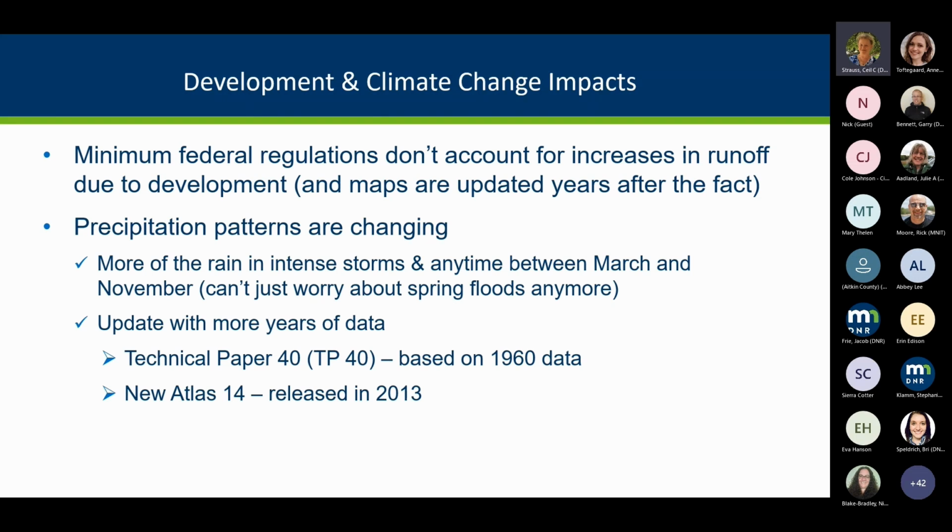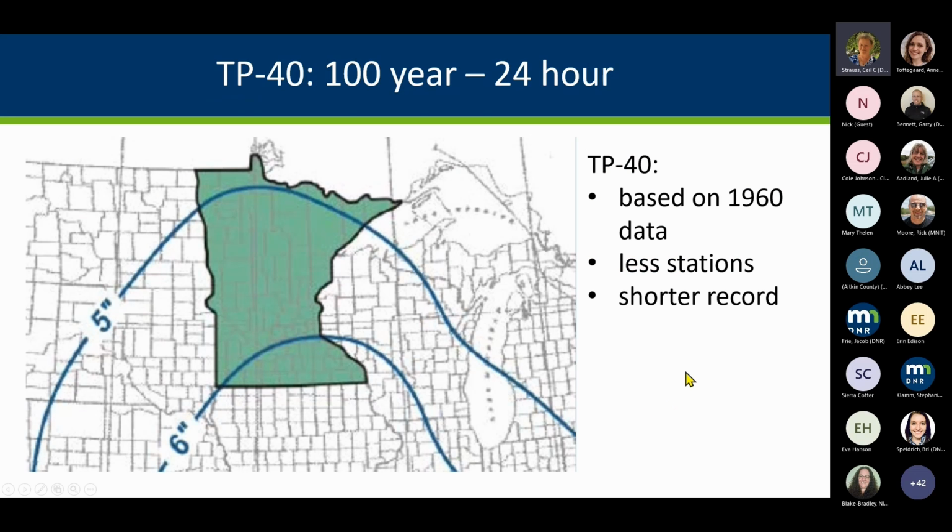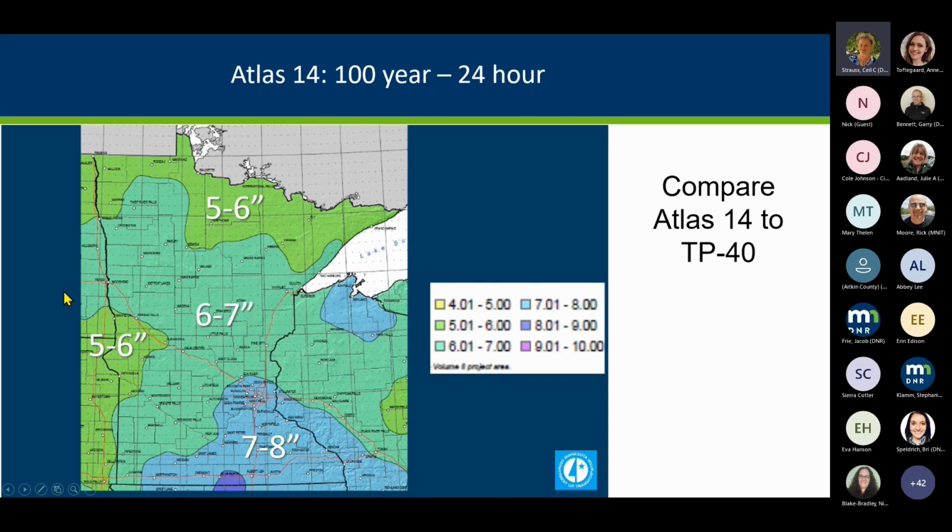We have newer data that was released in 2013 that we call Atlas 14, and that includes a lot more information. As I mentioned, TP40, Technical Paper 40, didn't have as many stations. It had a shorter record. But if you look at Atlas 14, it had a lot more stations.